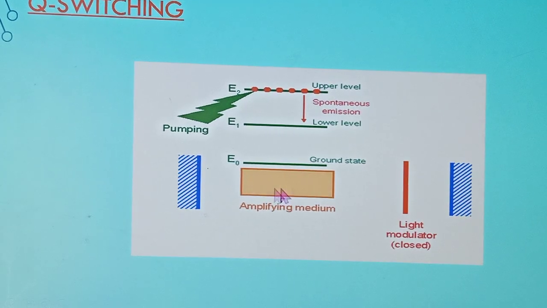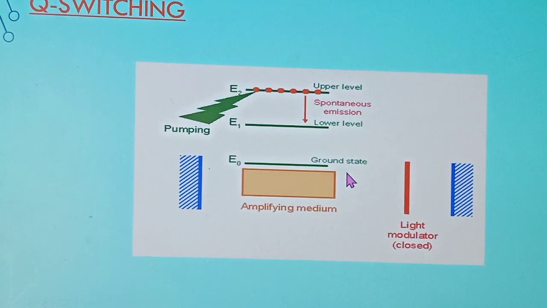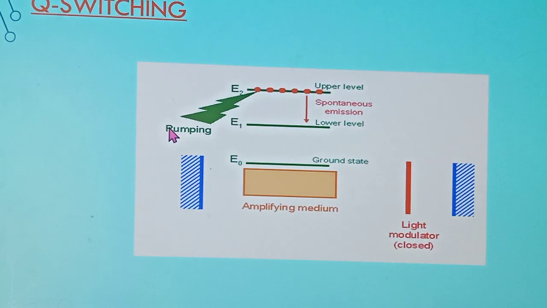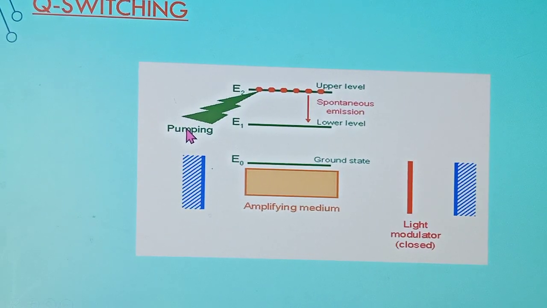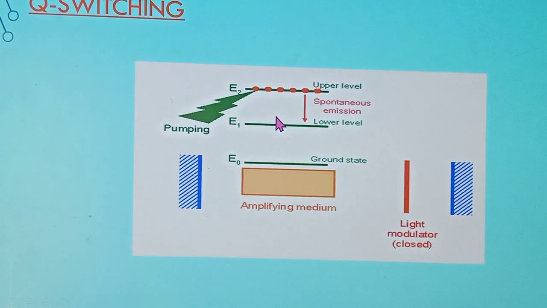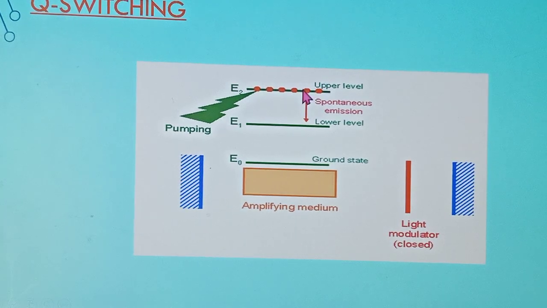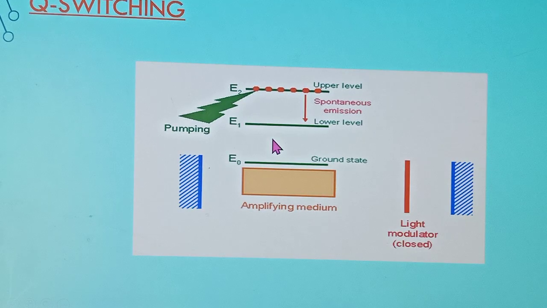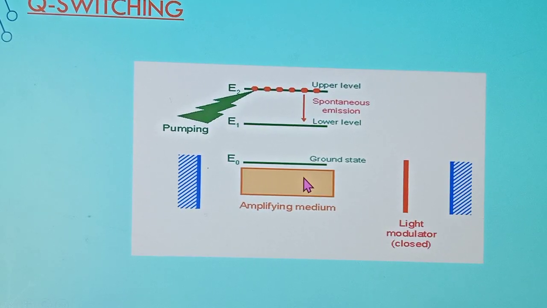At the same time we use a strong pump and pump the photon energy into the active medium. Therefore all these excited atoms occupy the upper level and they stay there. It means the gain is increasing. We are not letting them come down.